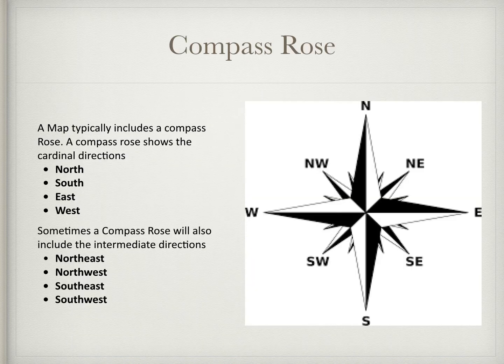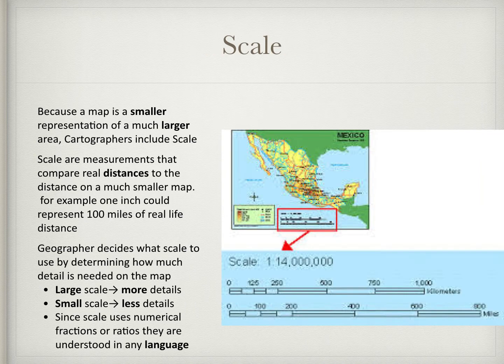Then you also have your compass rose, with your cardinal and intermediate directions. And then you have your scale that helps represent a larger area by using a smaller measurement, because we obviously can't fit an actual mile on the map, or your map would be annoyingly long.